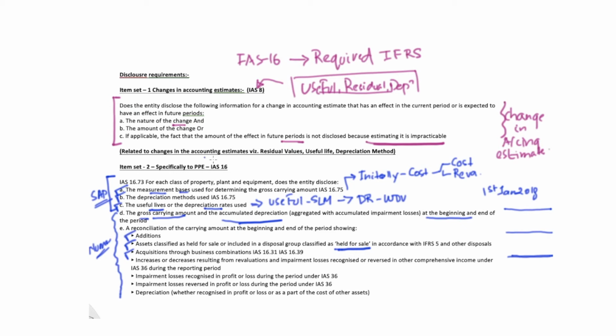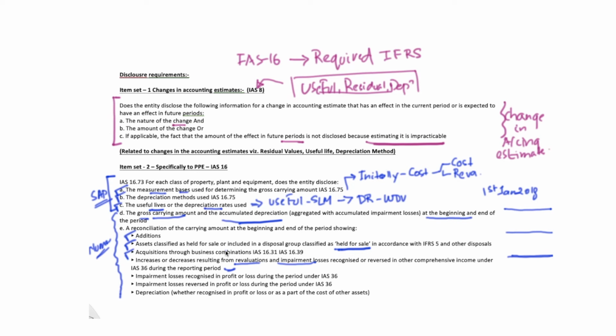Increase or decrease as a result of revaluation or the impairment losses during the current year that are recognized in the OCI. So any revaluation you have made and any impairment losses that the entity has incurred or reversals, all of these things should form part of the notes to the financial statements.